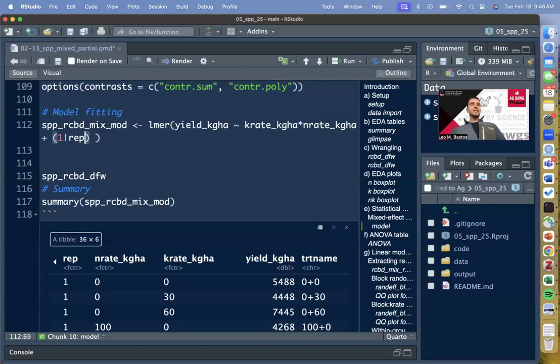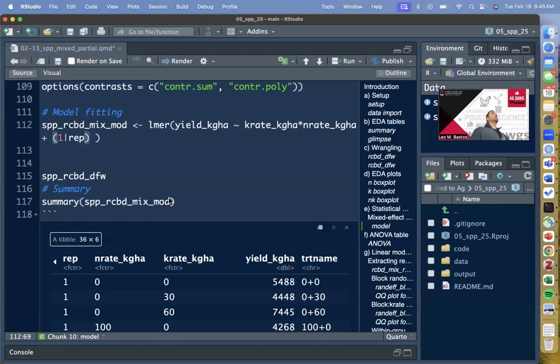Now, how do we then differentiate that from a split plot? That is basically going to come down here to how we treat our random effect. On the split plot, we have to nest our whole plot treatment factor inside of block, or in this case, rep, how we're calling it. So what that means is you would take potassium rate kilograms per hectare.